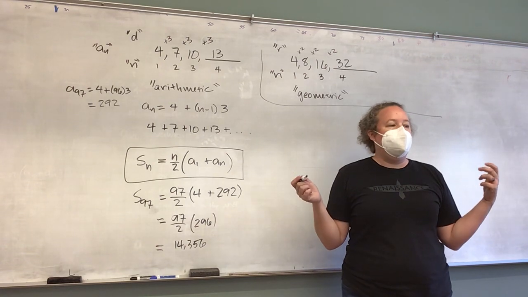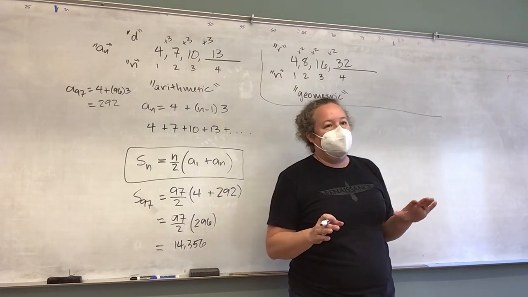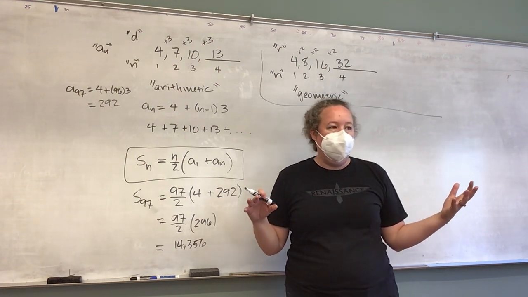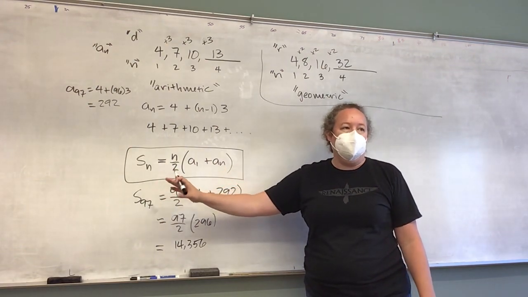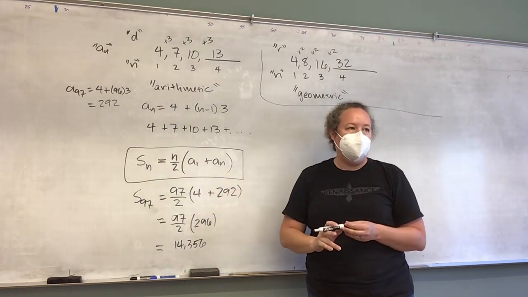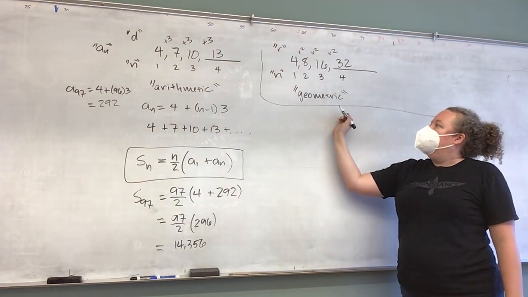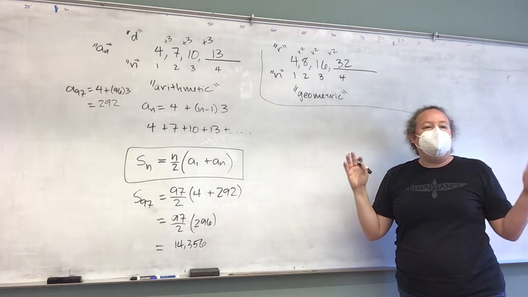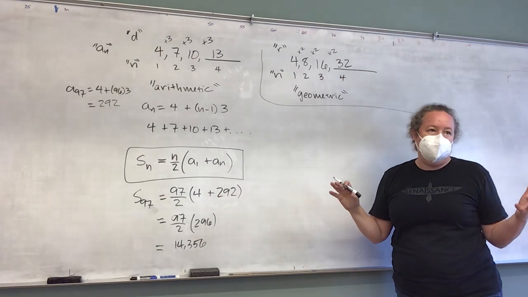So this is what we're doing with sequences and series. We're finding the pattern, we're writing the rule for the pattern, and then when needed, we're adding the values together that constitute part of that pattern. As you might imagine, for a geometric sequence or series, the rules are not going to look exactly the same.